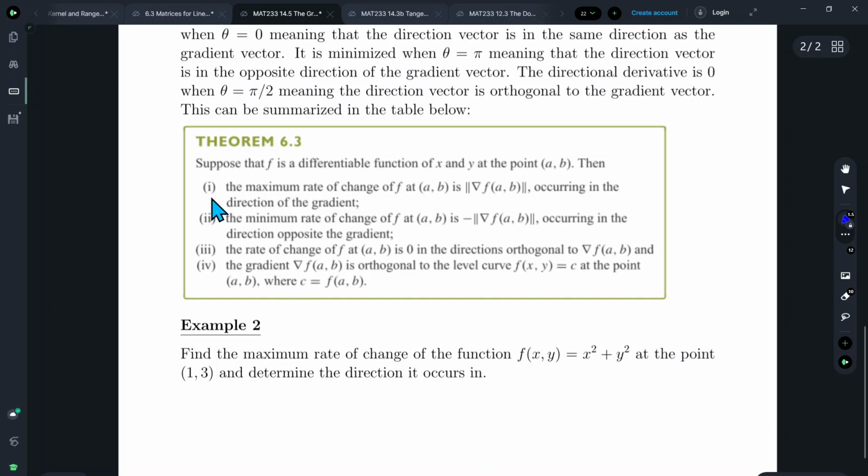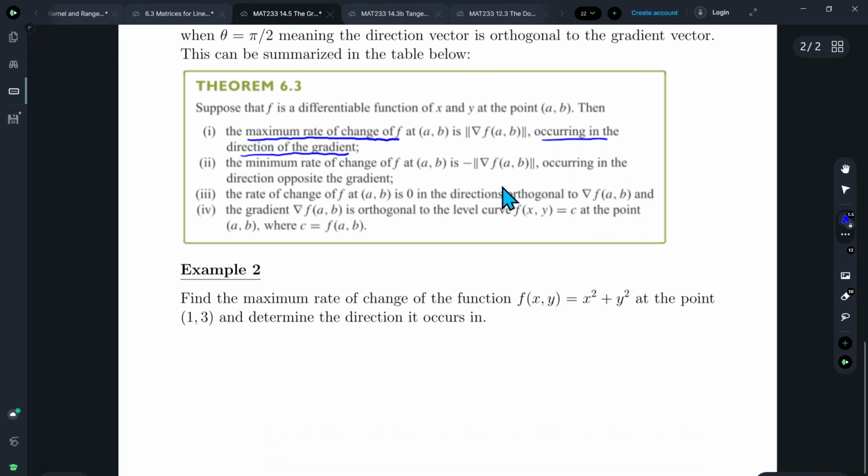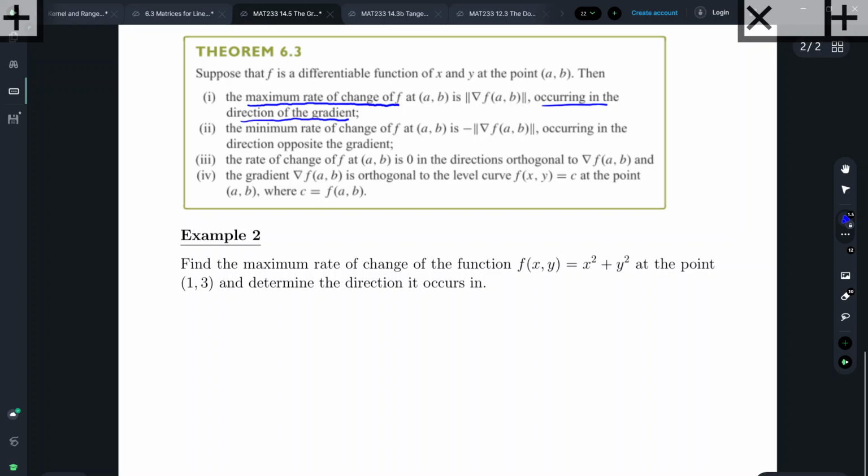So this is exactly the situation labeled 1 here in theorem 6.3. Specifically, we want the maximum rate of change, and it occurs in the direction of the gradient, and the value is equal to this. So basically, we just need to calculate the gradient.